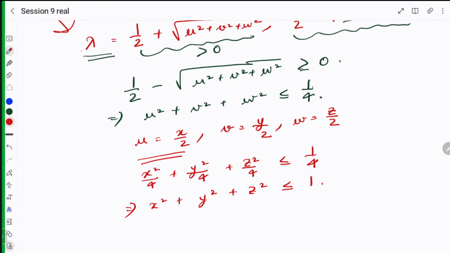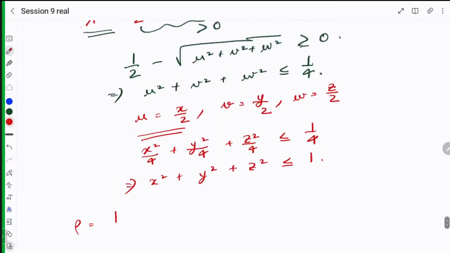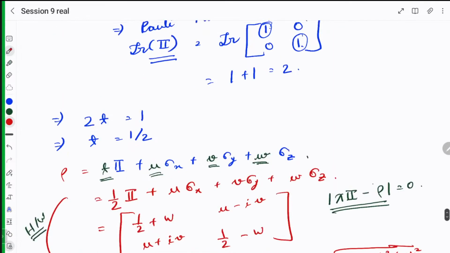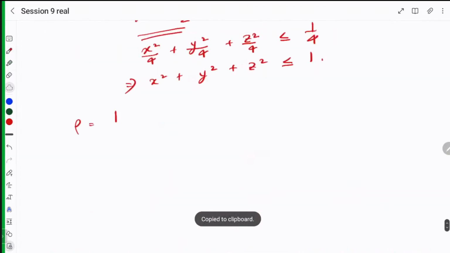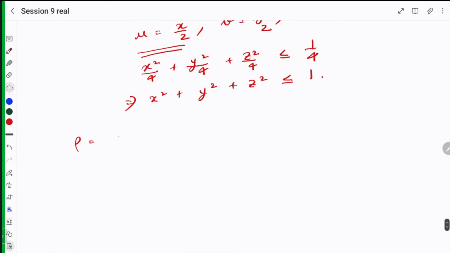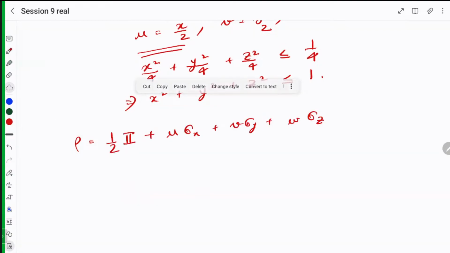Okay. So basically, finally, we can write that rho can be written as this, where u squared plus v squared plus w squared is less than or equal to 1.